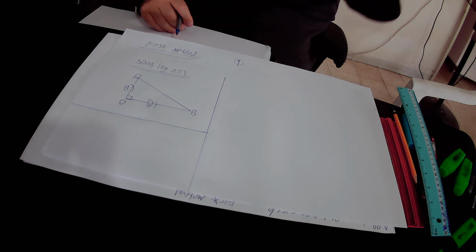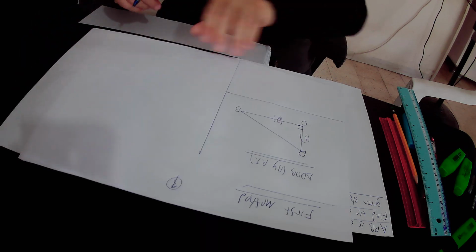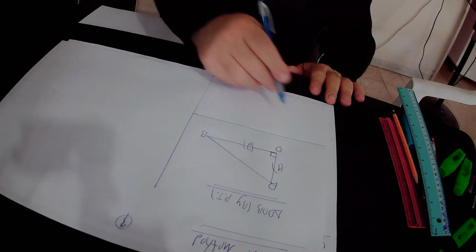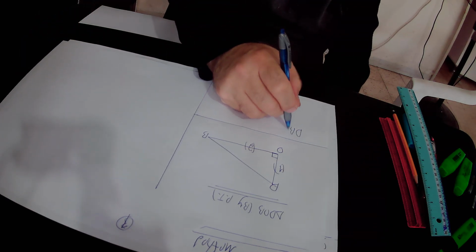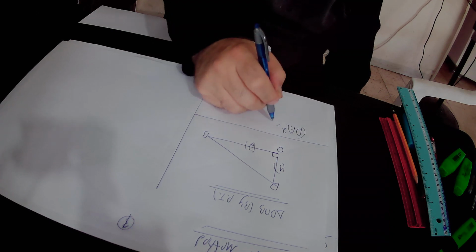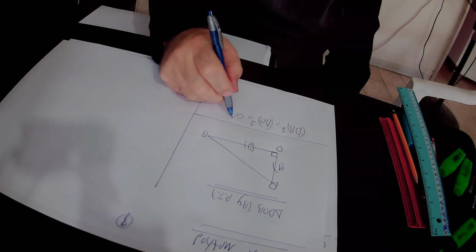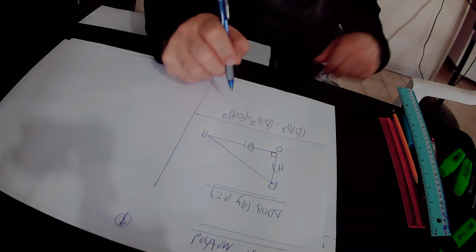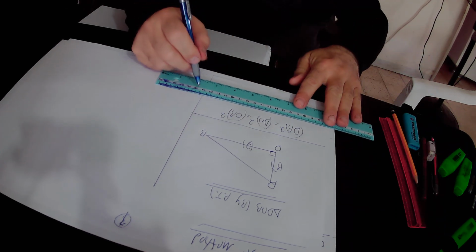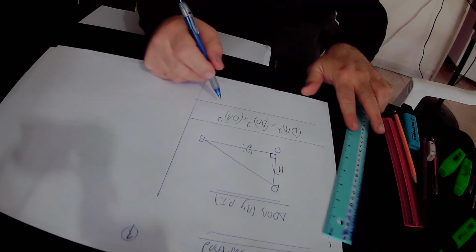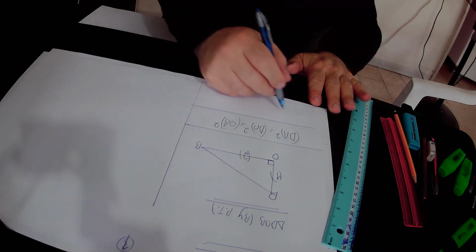According to the Pythagoras theorem, in this right triangle DOB, DB square equals DO square plus OB square. So write it down. DB square, that is the square of the hypotenuse, must be equal to DO square plus OB square. The hypotenuse DB is the missing side, so we leave it as it is.